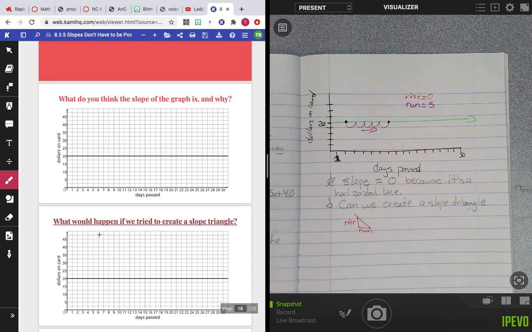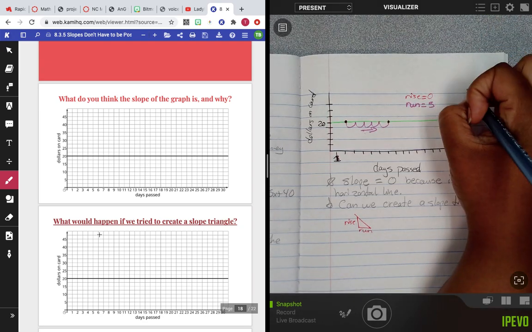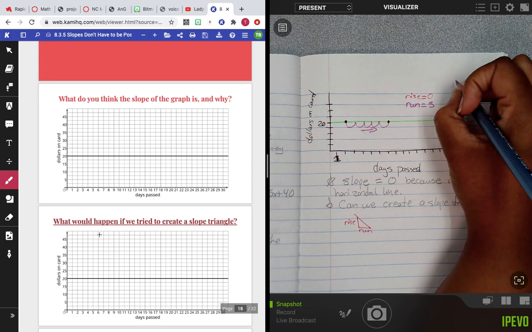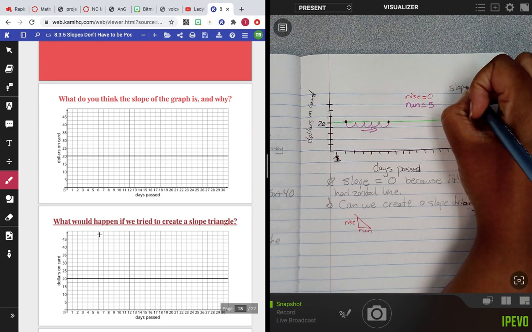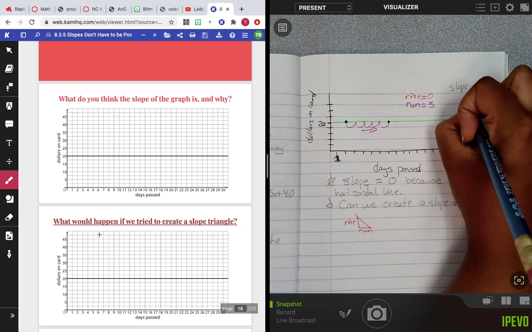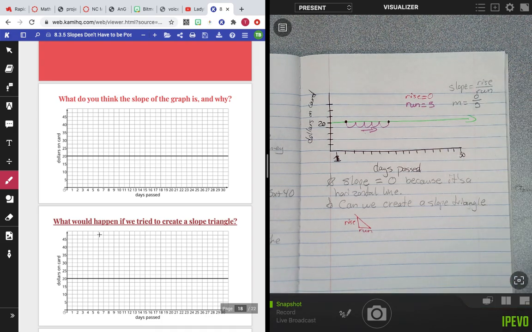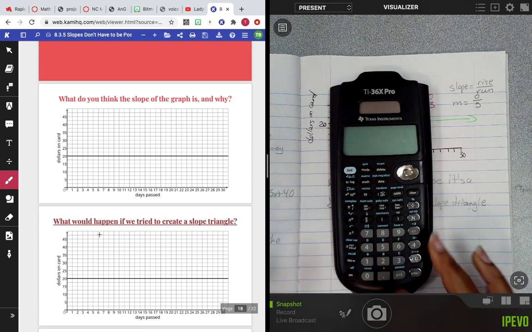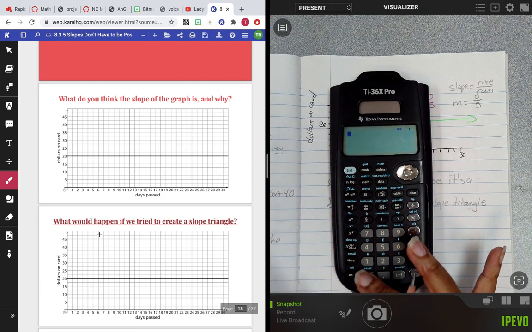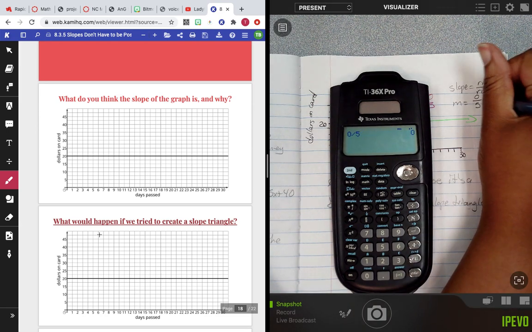So if I was to try to calculate my slope, that's rise over run, in this case, that's 0 over 5. The answer is not undefined, and I will show you that. If you look on your calculator and you do 0 divided by 5, you get 0.